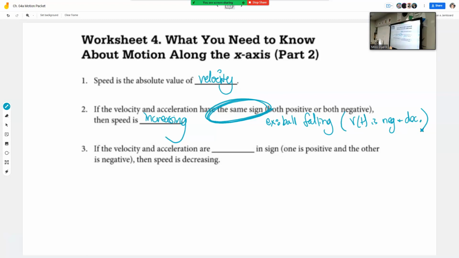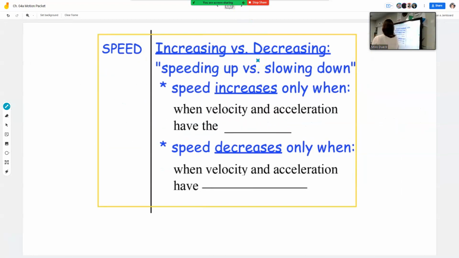Like, oh, it's slowing down. No, it's speeding up, because gravity's like, come on, let's go. If the velocity and acceleration are opposite in sign, then speed is decreasing. They give this as a summary to the activity worksheet number 3. I give it as an intro because then I can say, hey, there's a forever card for this.